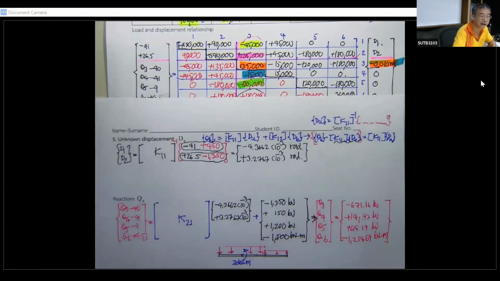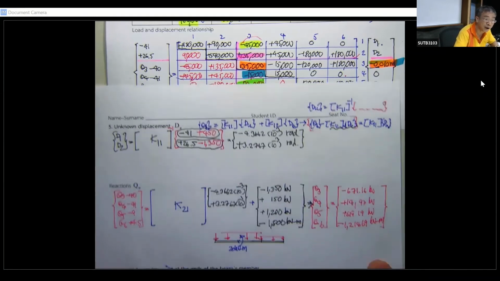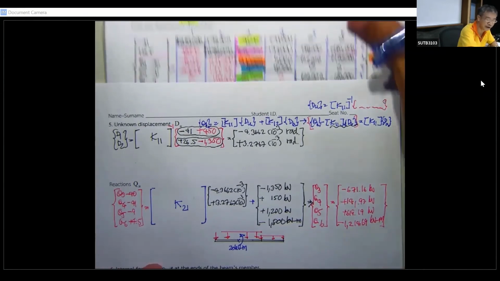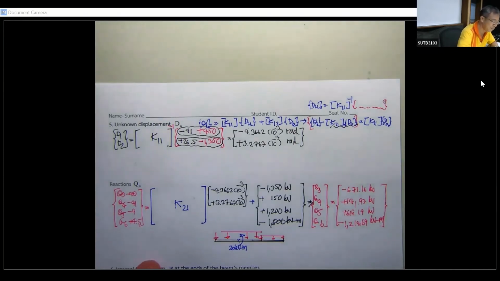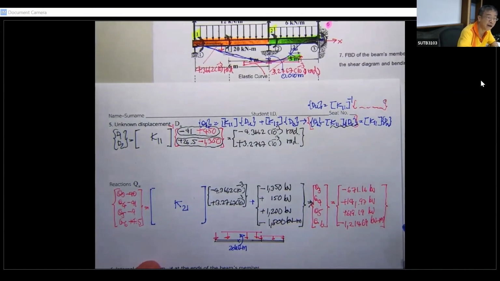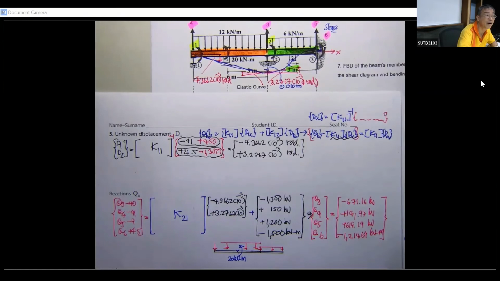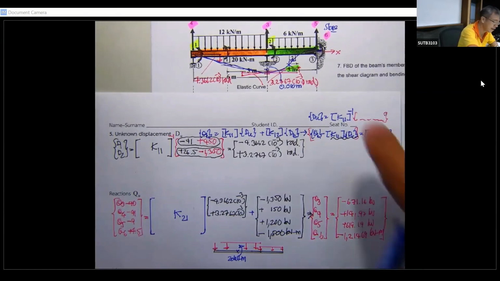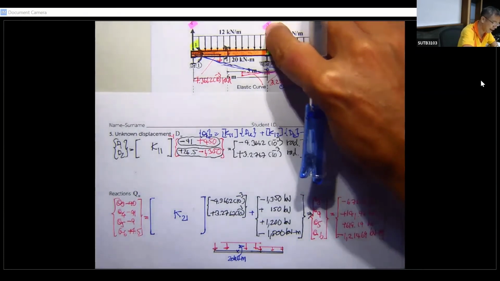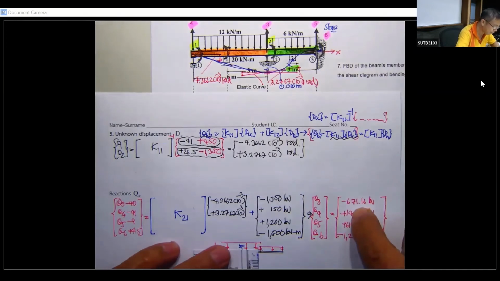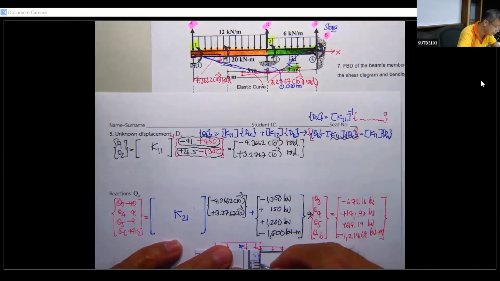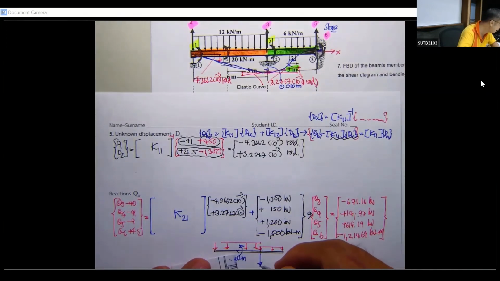What you get from this one, you know, the Q3. If we put this one back again, based upon this, Q3 is here, and it's going to be downward. And this is going to be this way, 671.16 kilonewton.